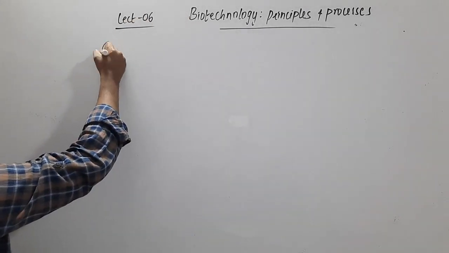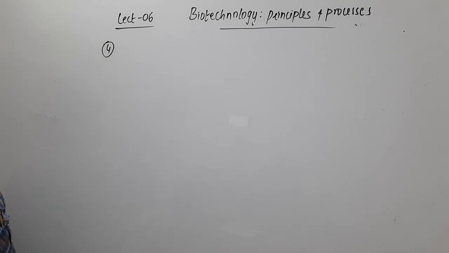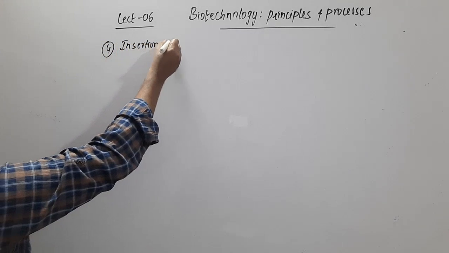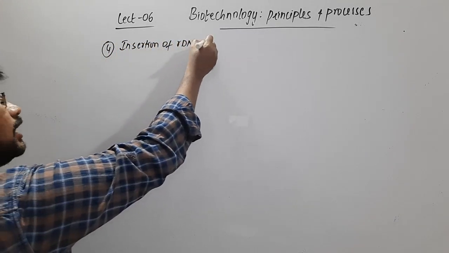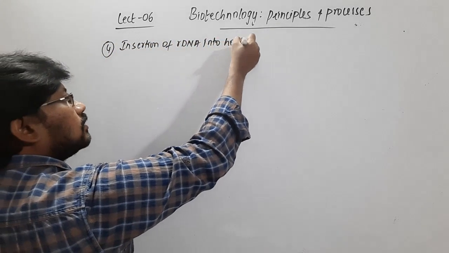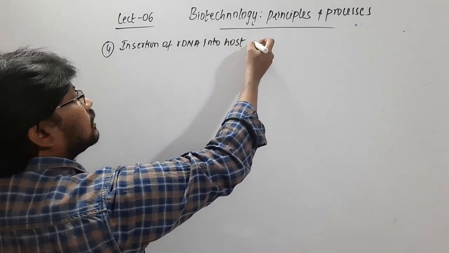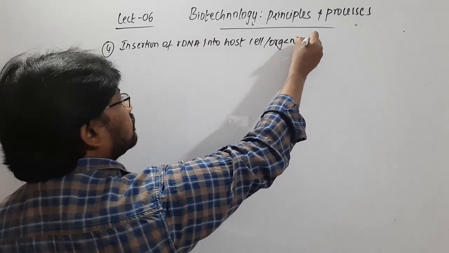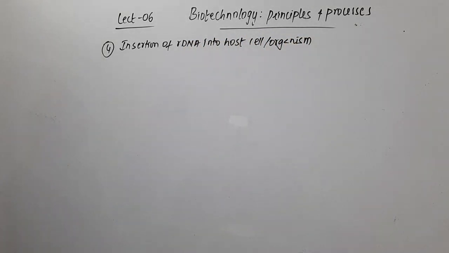So the next one, the fourth step, will be insertion of rDNA into host cell or organism. So I think that is what we have already studied in competent host, transformation with the rDNA.